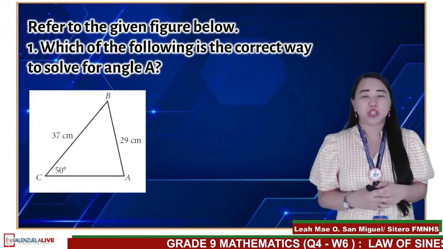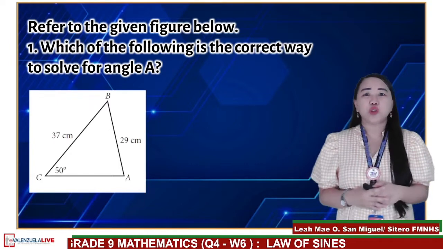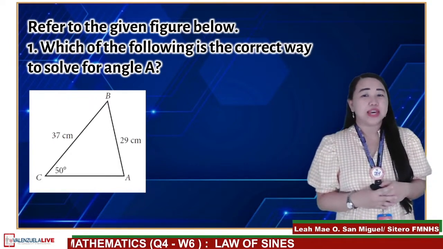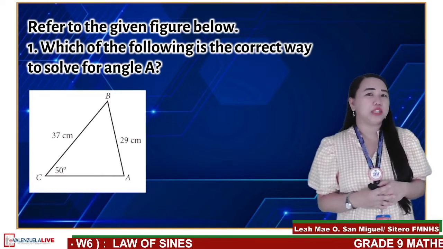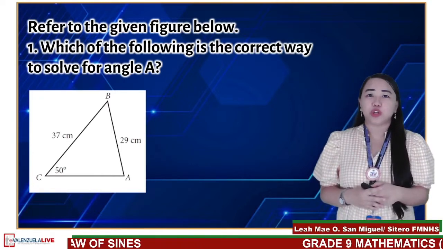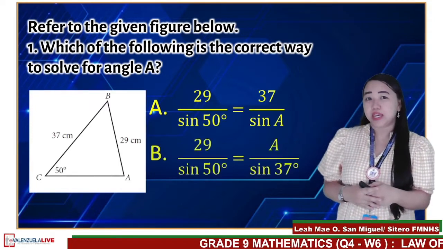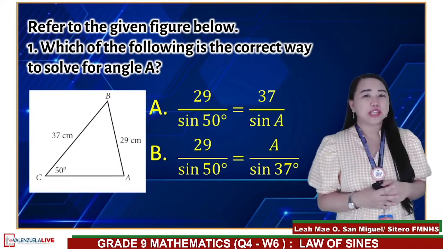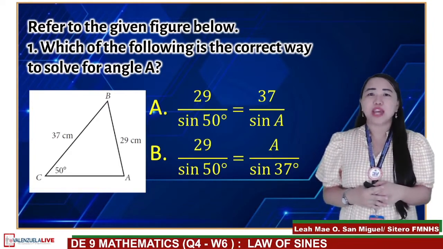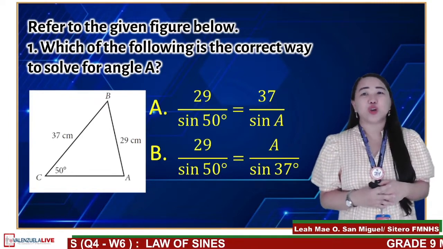Number 1. Which of the following is the correct way to solve for angle A? Is it A, 29 over sine 50 degrees is equal to 37 over sine A? Or B, 29 over sine 50 degrees is equal to A over sine 37 degrees. 10 seconds, go!